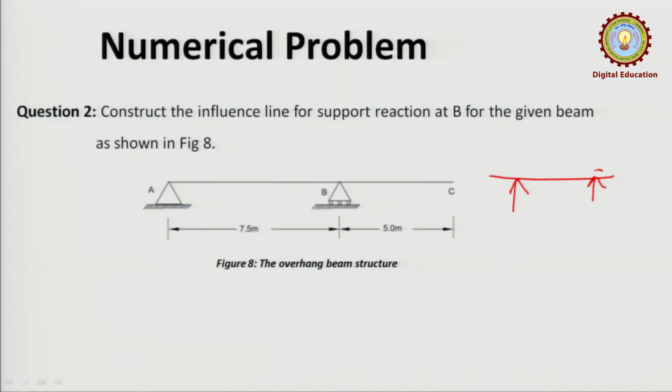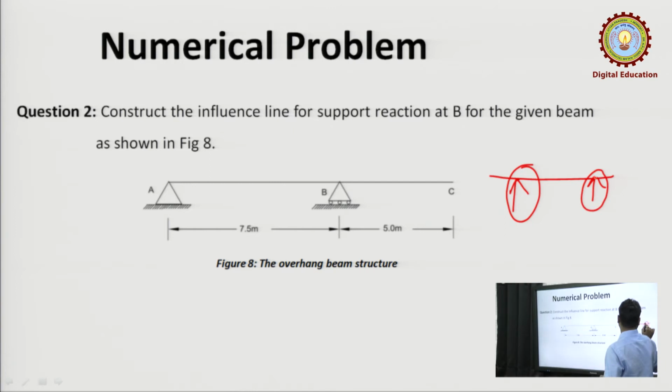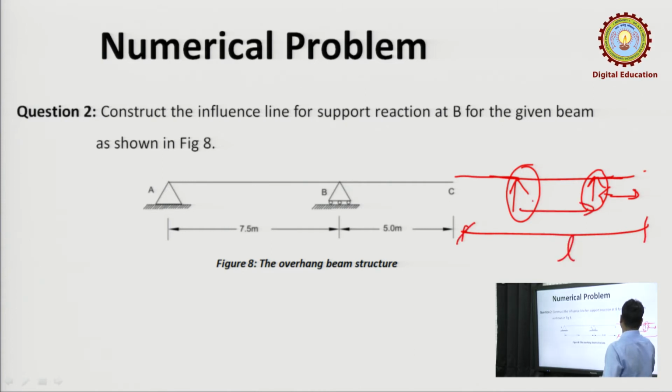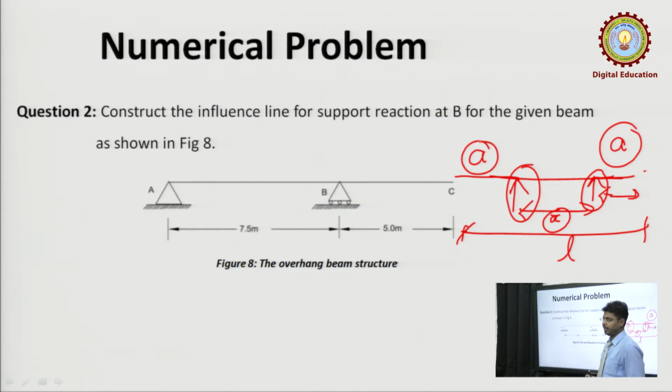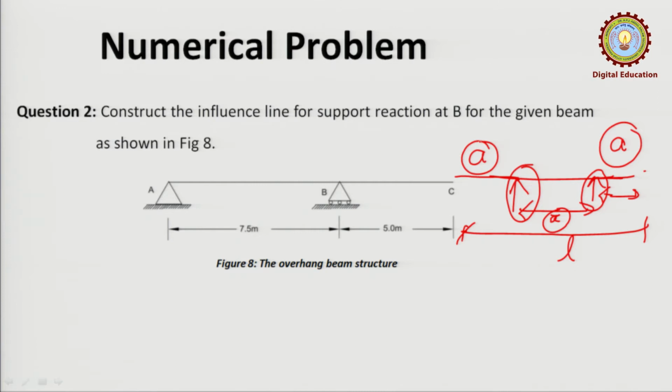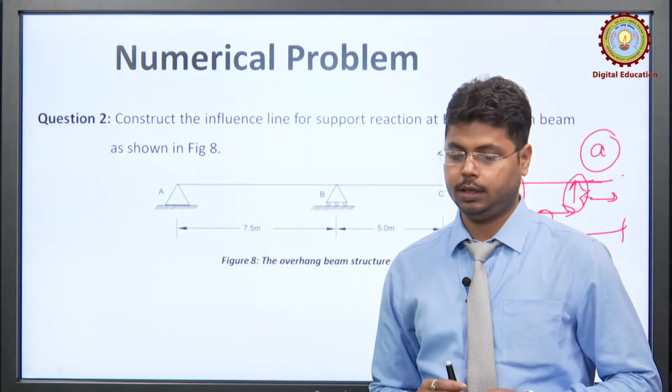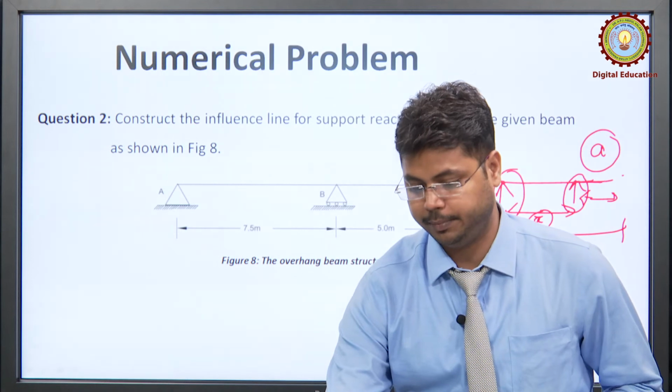If we have two supports given and some portion of the beam is overhanging behind the supports, having total span L and distance between the supports x and overhang A and A, this is called an overhanging beam. We are going to draw the influence line diagram for the support reaction at B for the given beam.